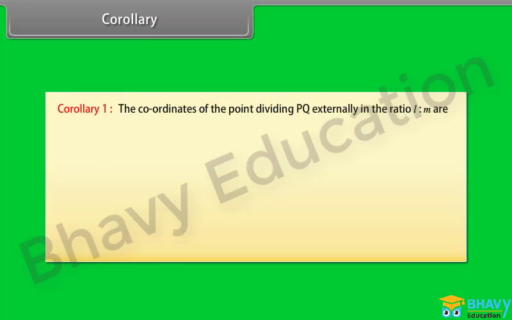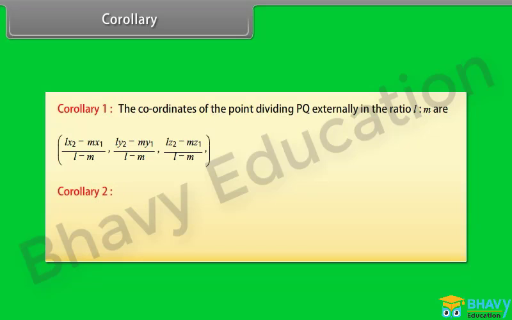Corollary 1. The coordinates of the point dividing PQ externally in the ratio l is to m are (l x2 minus m x1) divided by (l minus m), (l y2 minus m y1) divided by (l minus m), (l z2 minus m z1) divided by (l minus m).